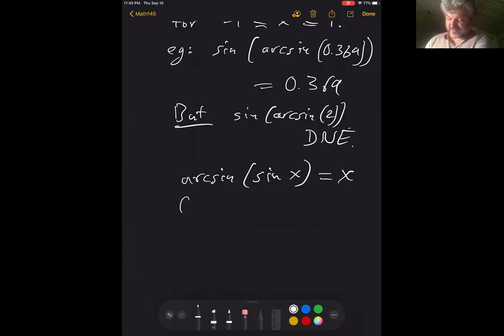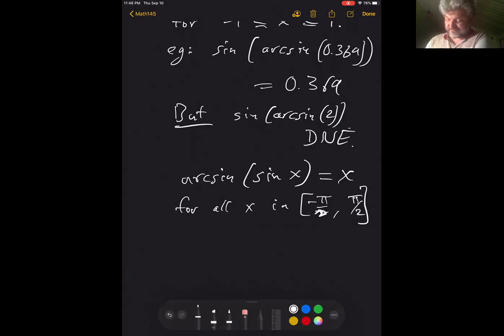So this is true for all x in negative pi over 2 to pi over 2. Works great there. And this time we can actually substitute any x value that we like, because sine x doesn't have a problem with that. It gives us a value between -1 and 1, and arcsin is defined for those values. So there will always be an answer. It just won't be x when we're outside of this interval.